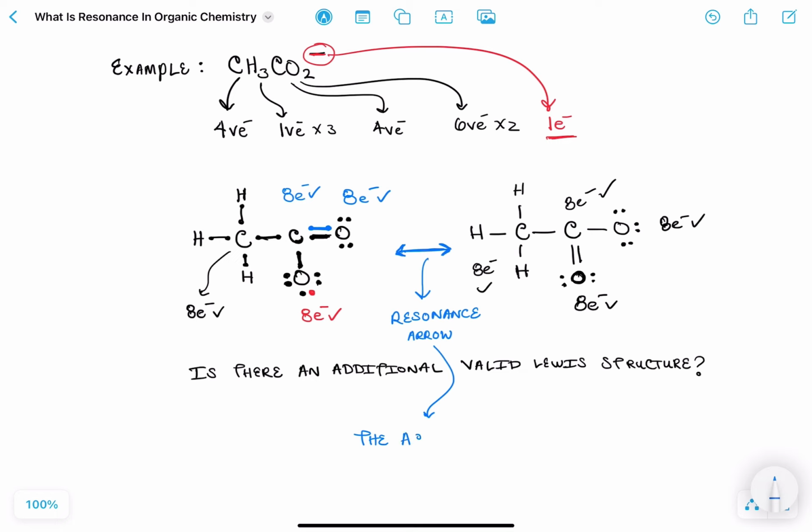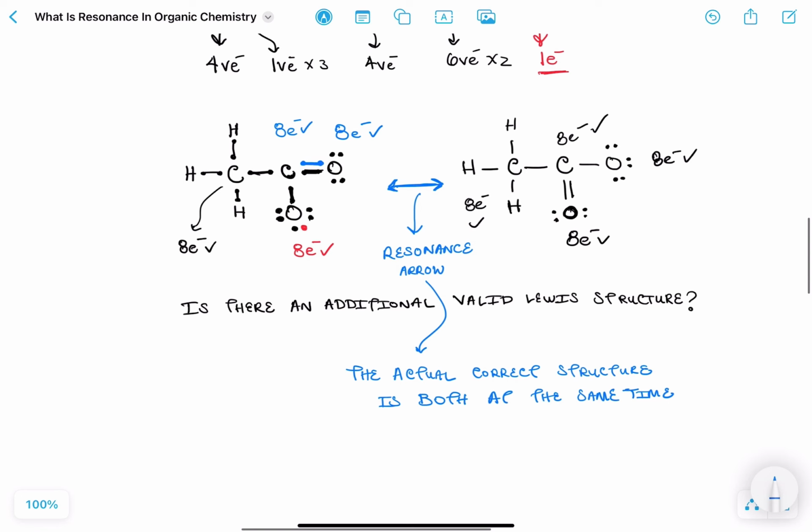The actual correct structure is both at the same time.